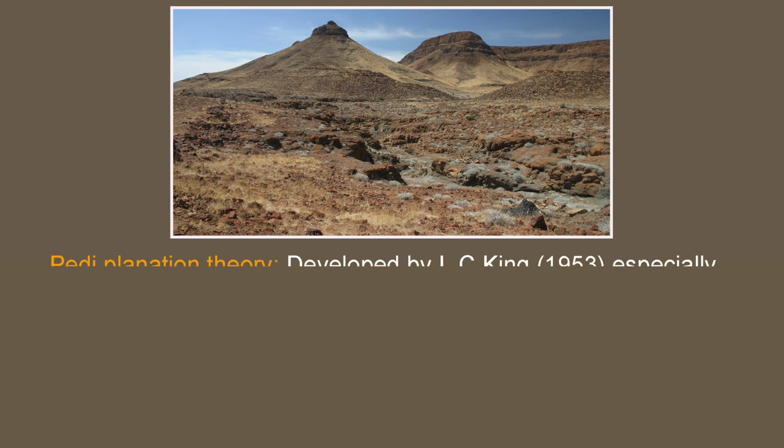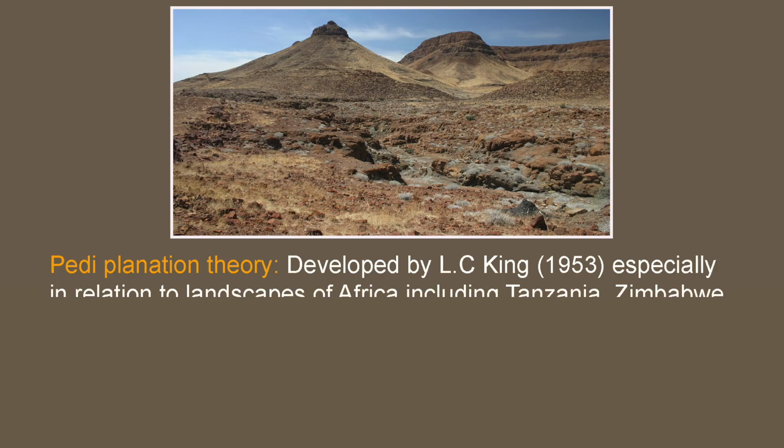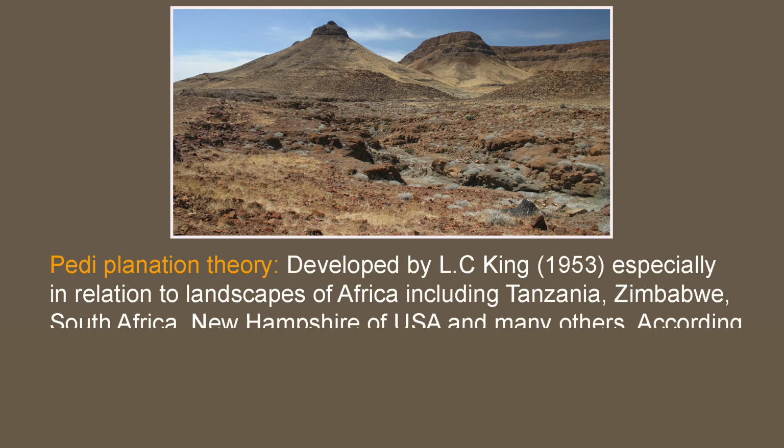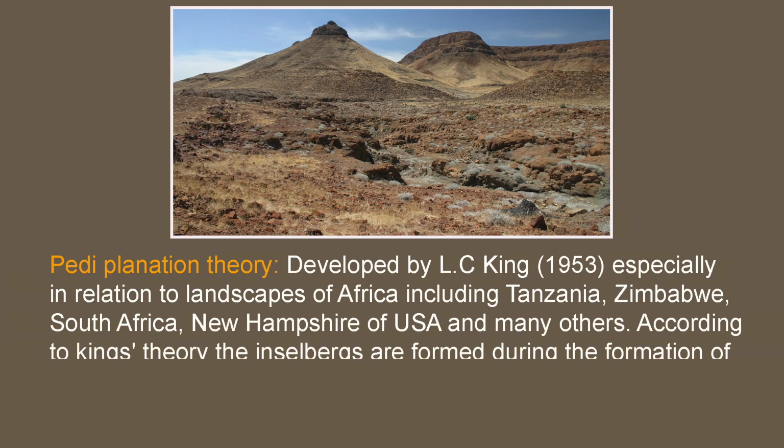Several theories were proposed on the formation of inselbergs by geomorphologists like L.C. King, Twidale, Peel, Linton and many others. Pediplanation theory. It was developed by L.C. King in 1953, especially in relation to landscapes of Africa including Tanzania, Zimbabwe, South Africa, New Hampshire of USA and many others.